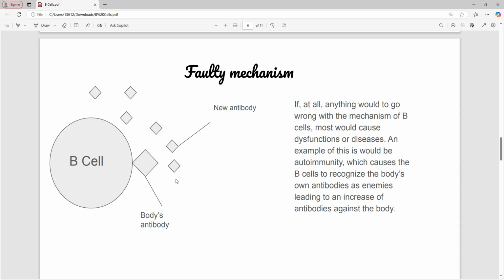So, in simple words, your B cells are creating new antibodies to kill the things that are already killing the viruses. So overall, it's killing the things that keep you safe, basically. It will lead to more infections because your body is losing the old antibodies which are killing the viruses.